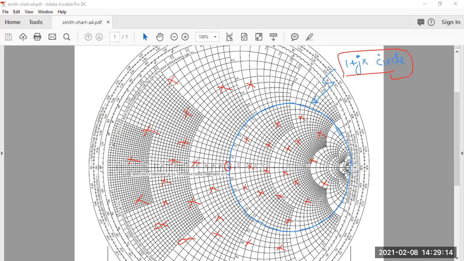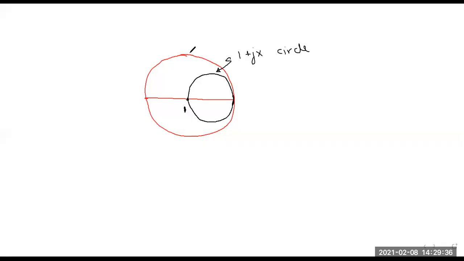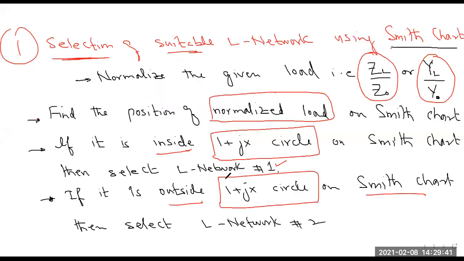Based on the position of the normalized load on the Smith chart, I decide whether L network number 1 or L network number 2 is going to solve our problem.